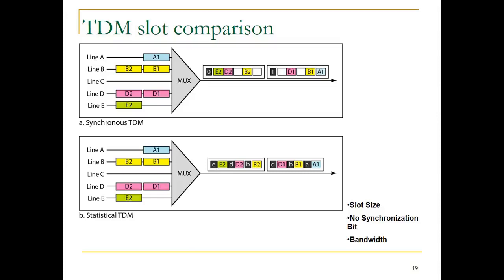So FIFO, first in, first out. In this case, if A1 was first in, then obviously it would take the upper hand in terms of carrying the message at the front level. And then B1 would take over, followed by D1.